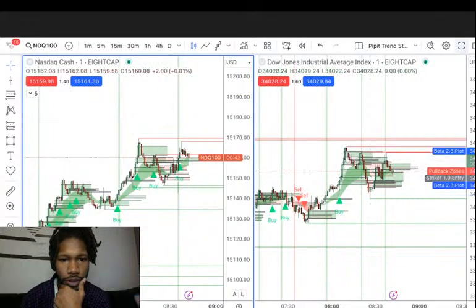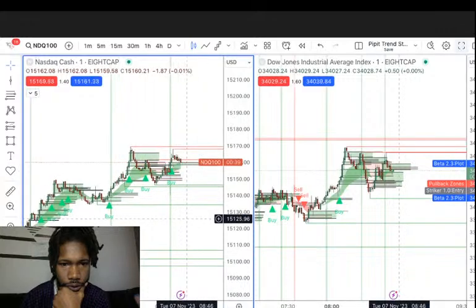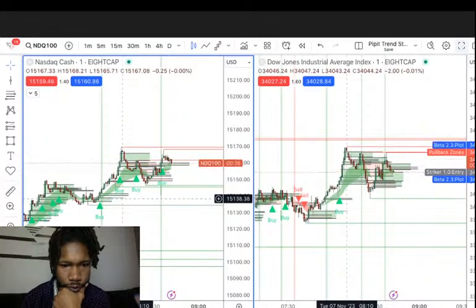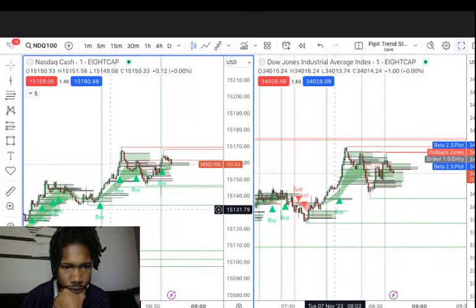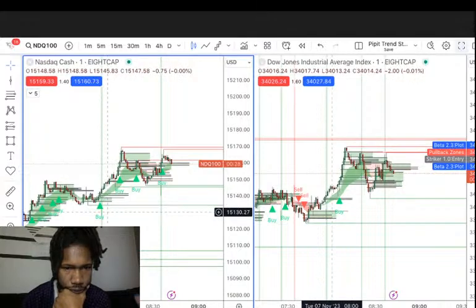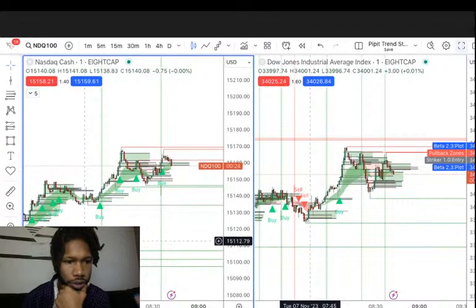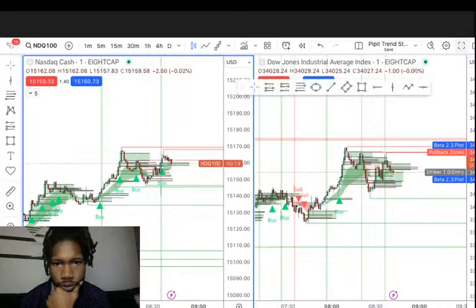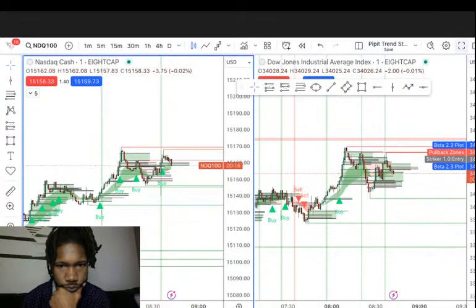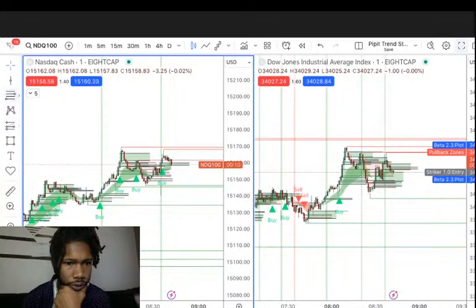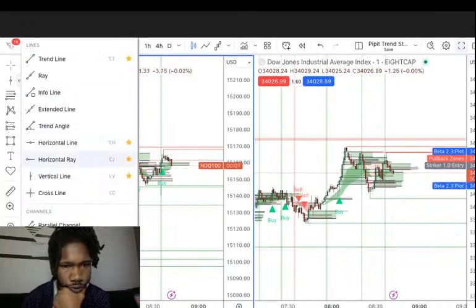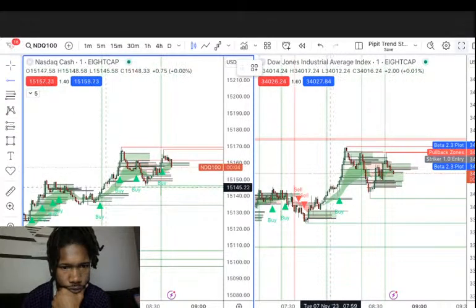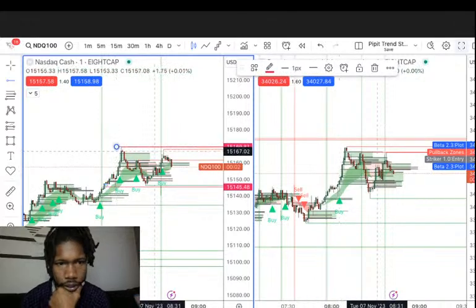First things first, I want to mark off some levels. Let's go ahead and mark off these levels. All right, so that's for NASDAQ.